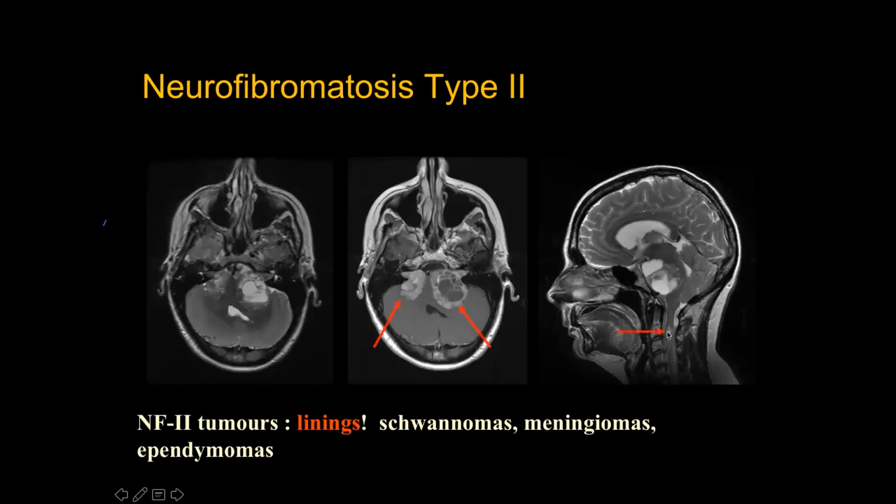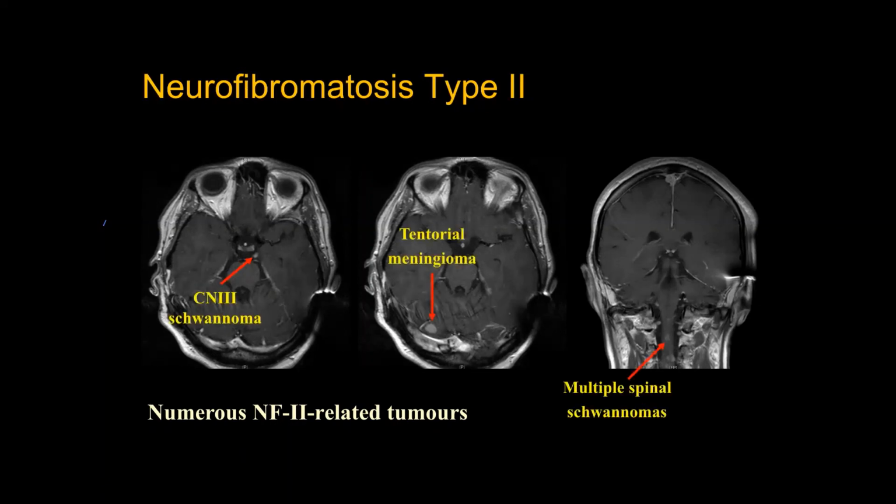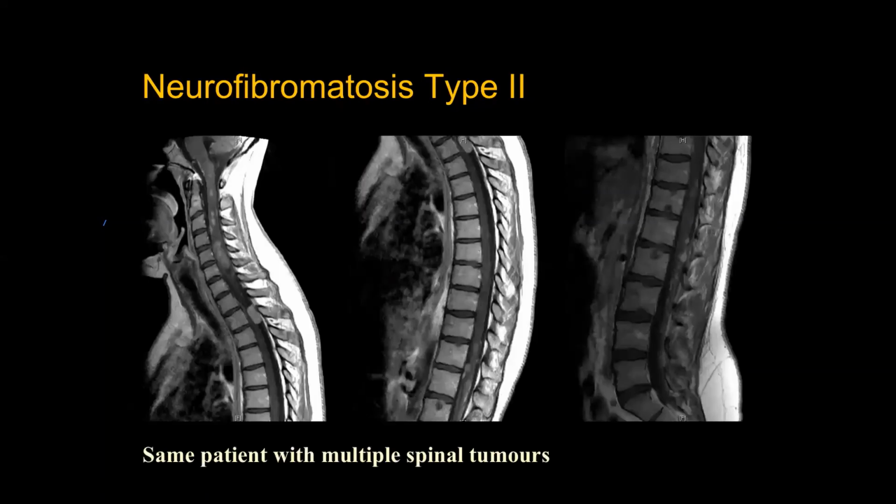In NF2, they can also affect all the other cranial nerves. This is the third cranial nerve, the oculomotor nerve, enhancing with contrast. Another meningioma here. In NF2, you can also have multiple schwannomas and ependymomas, and these are not metastases.